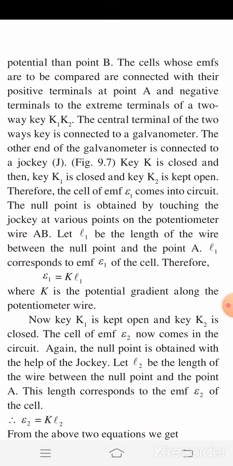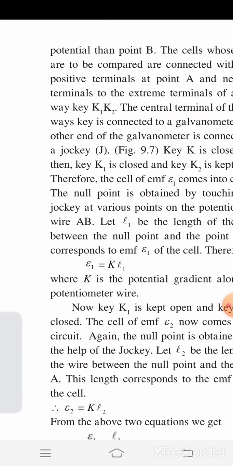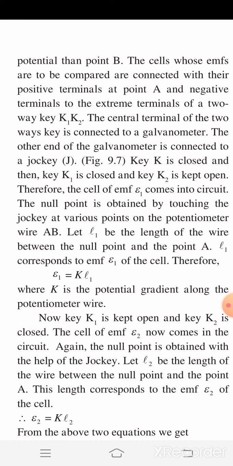Then we get a null point at a single point on wire AB, that is the balance point or null point, and we measure the distance between that null point and the higher potential point A, which is equal to L1.